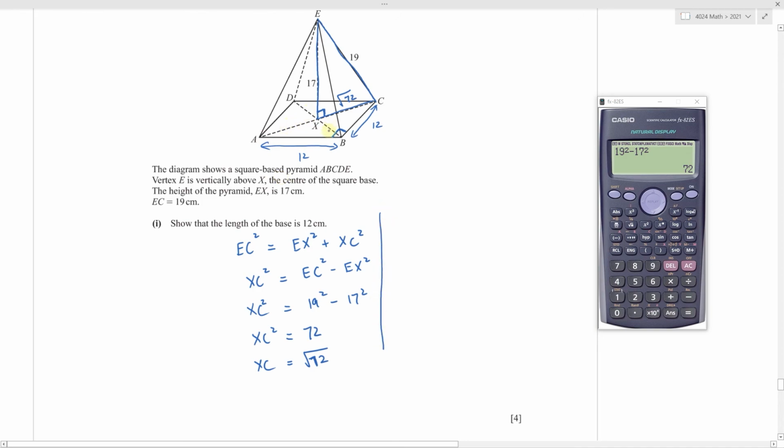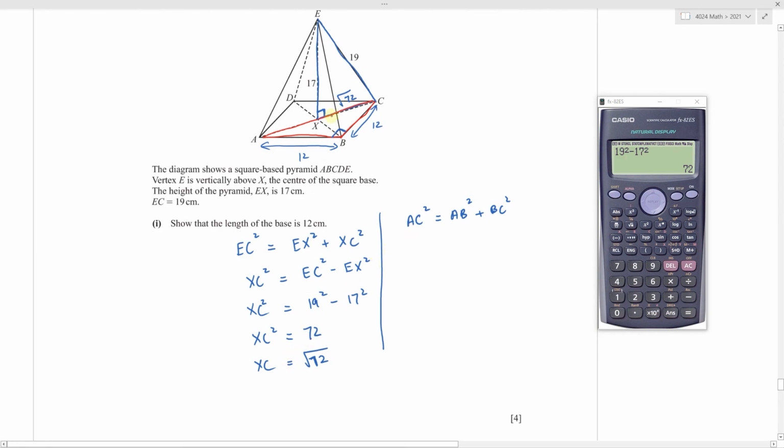Now let's look at this triangle ABC. This is also a right angled triangle. Hypotenuse is AC, which is 2 times XC. So AC squared should equal AB squared plus BC squared in this triangle ABC.